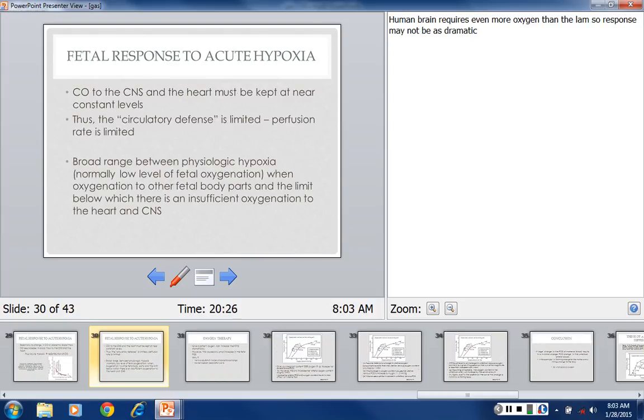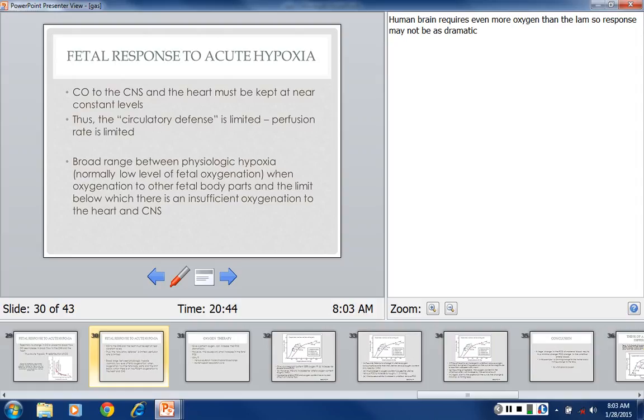So cardiac output to the CNS and the heart must be kept at near constant levels. However, the circulatory defense system is limited. There's only so much redistribution the baby can do because the perfusion rate is limited.